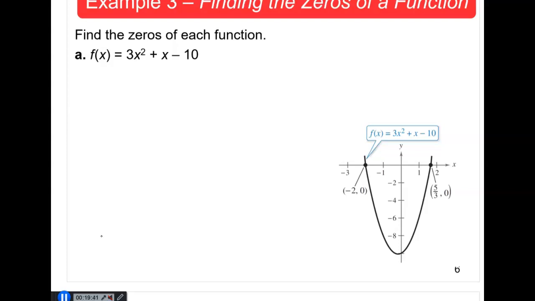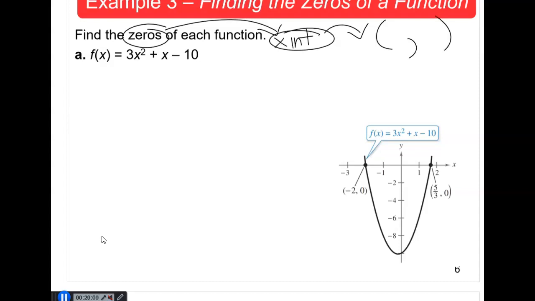So one of the ways for us to find zeros of a function, remember the word zeros, is related to the x-intercept. So x-intercepts are those points for which the opposite letter, in this case y, is equal to 0. So we're finding the x values for which the y will be 0.